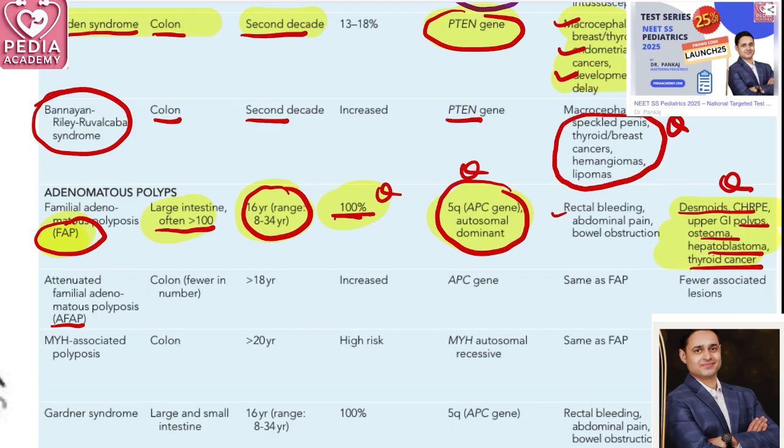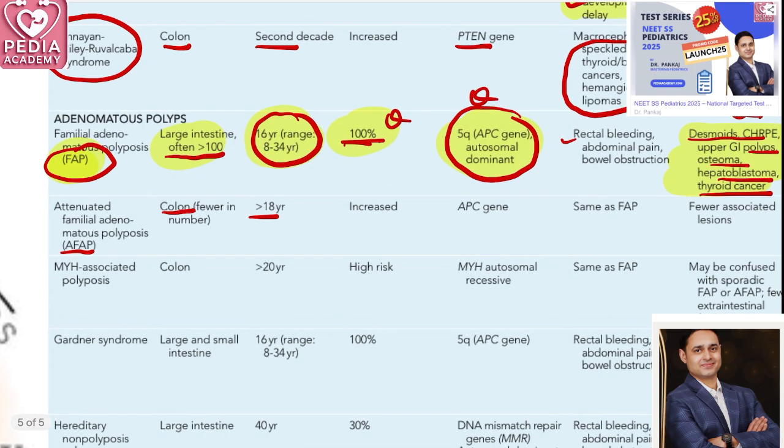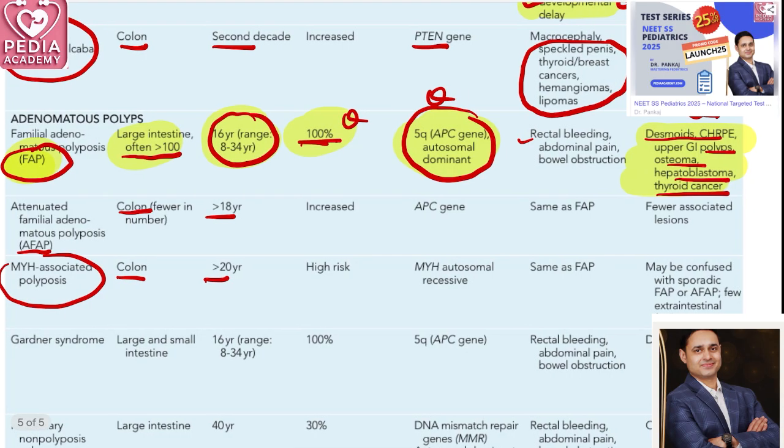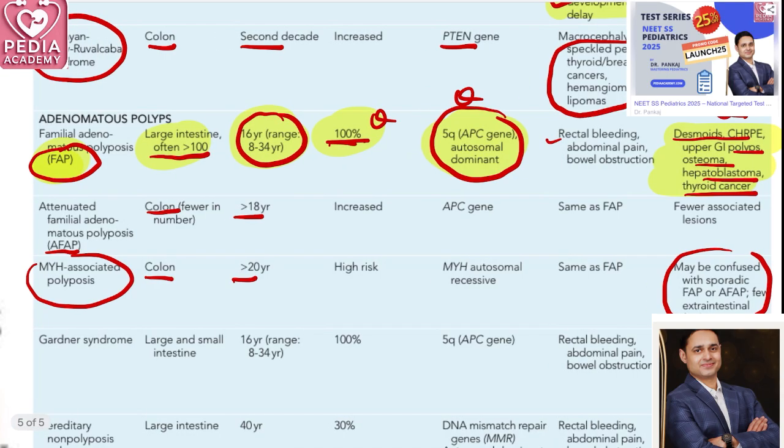It is seen in colon but fewer in number, more than 18 years, and it is fewer lesions. You don't have to remember. MYH associated polyposis is also seen in colon, more than 20 years, and it may be confused with sporadic FAP and has few extra intestinal findings. So basically it is a confusing entity with FAP.